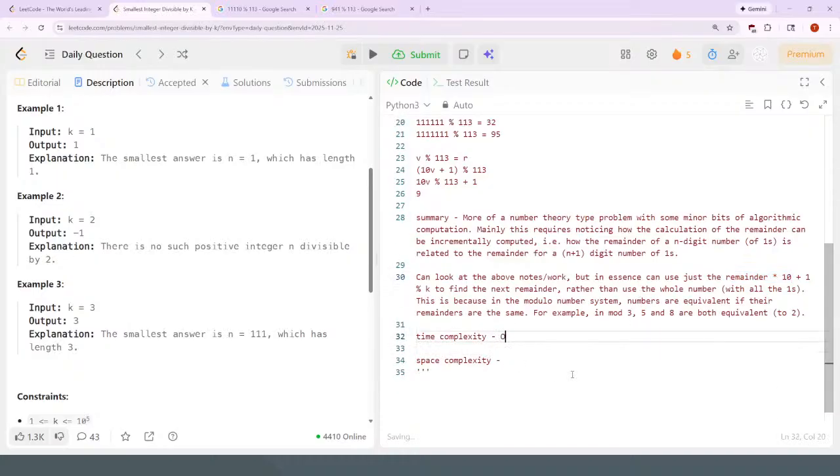Time complexity: how slow is this? It's pretty fast, I guess. Actually, I'm unsure about this.